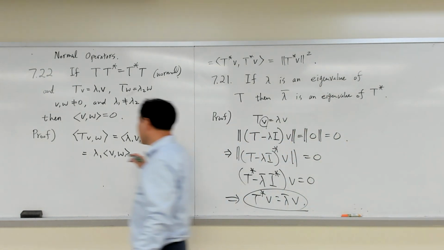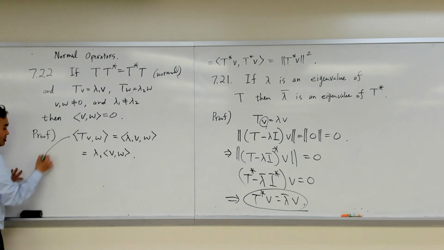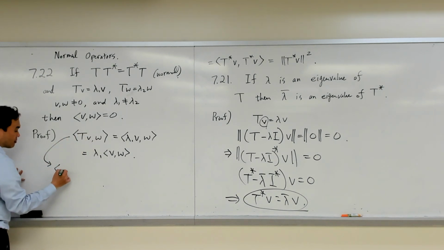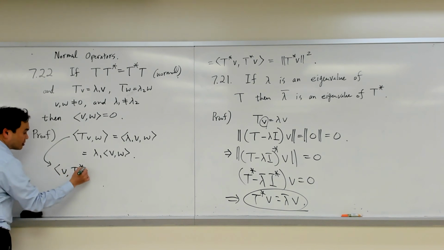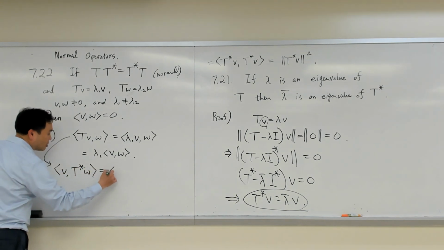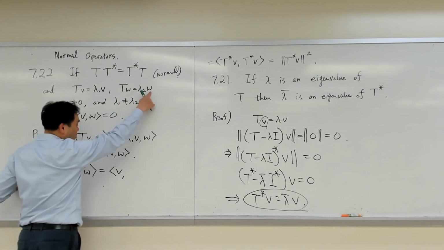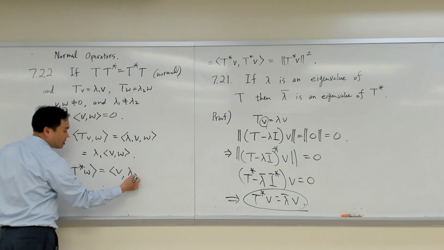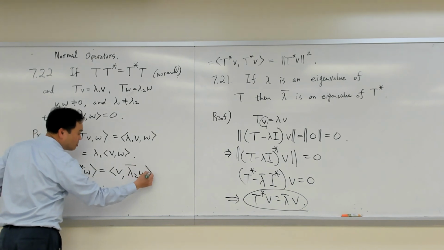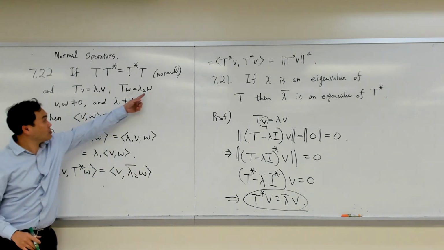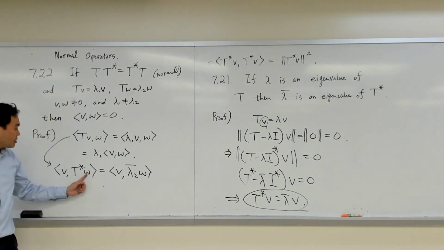Okay. So the reason I say this is because this is also equal to, I can move the T to the other side, right? So I have ⟨v, T* w⟩. But then T* w is what? Well, Tw is λ2 w, so that means λ2-bar w is what you get for T* w. If w is an eigenvector for T, then w is also an eigenvector for T*.